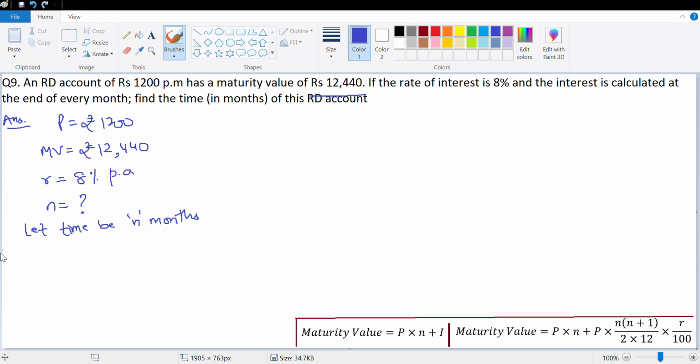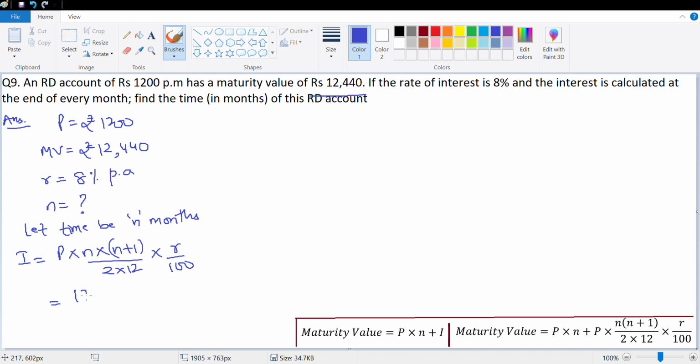Let's put it in the value. I is equal to P into n into n plus 1 upon 2 into 12 multiplied with R upon 100. That's the value that I know. Let's put the value.